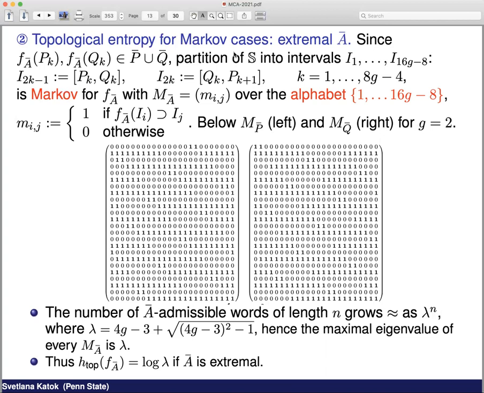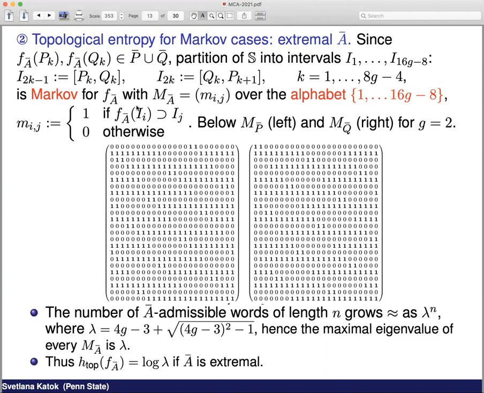So basically, if we look at all P's and Q's together, if we divide the circle into 16G minus 8 pieces, then you get a Markov map with respect to this alphabet.